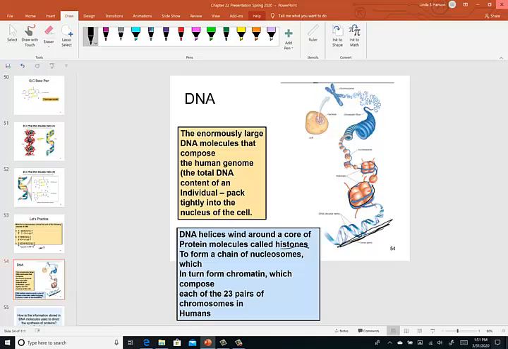And the histones themselves begin to wrap around and create this chromatin fiber. This chromatin fiber begins to spiral and spiral until it creates individual chromosomes inside the nucleus of the cell. And there would be 23 pairs of these chromosomes in humans that give us our genetic makeup.